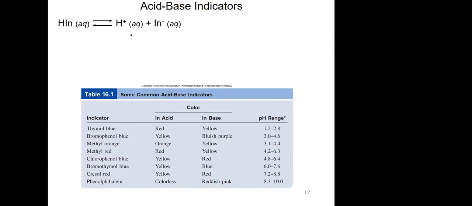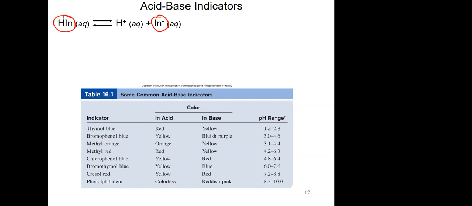If you look at the overall reaction of the indicator, usually this is their form: the protonated indicator dissociating to give you an H plus and the deprotonated indicator. These have different colors. That's the basis of your indicator.